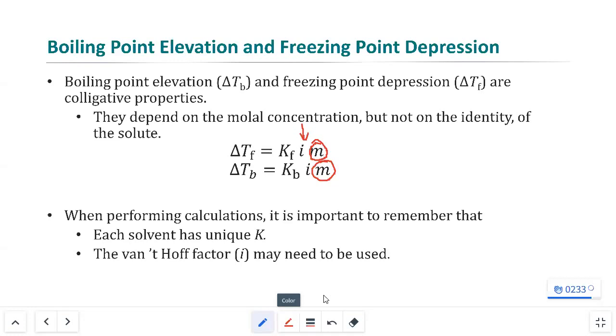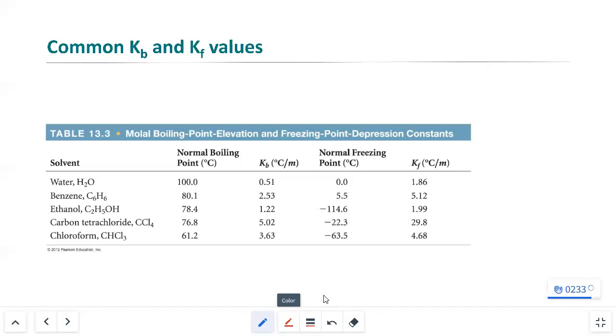And the fact that they're practically identical to each other, the only thing that changes is the value of the constant, depending upon what solvent we're using and whether we're looking at something boiling or something freezing. Those are really the only differences between these calculations. Now, taking a look at some examples.